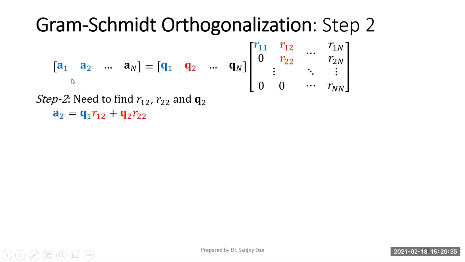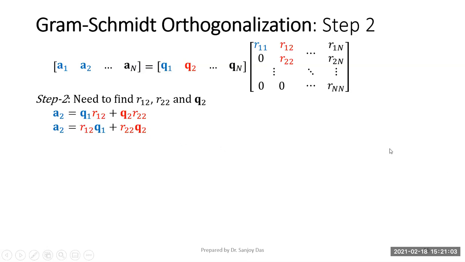So A2 is equal to Q1 R12 plus Q2 R22. Or I bring the scalars to the other side. So A2 is R12 Q1. Q1 is known from the previous step. And A2, the A matrix is given to us, so it's known. Plus R22 Q2.